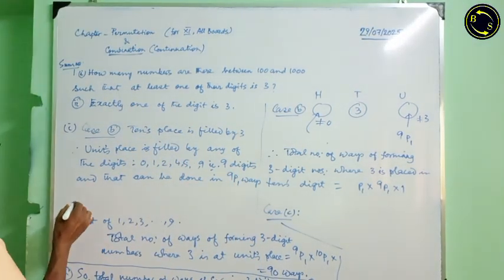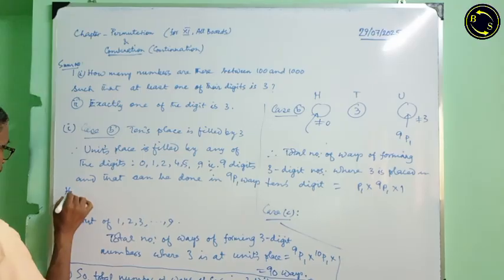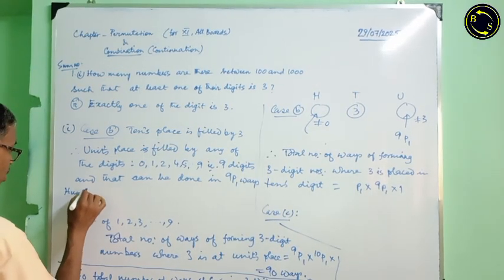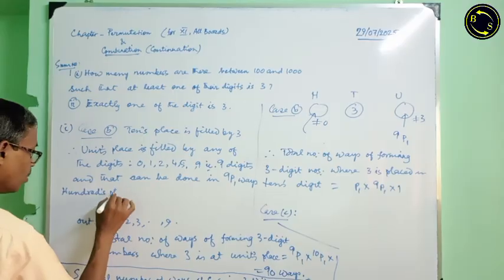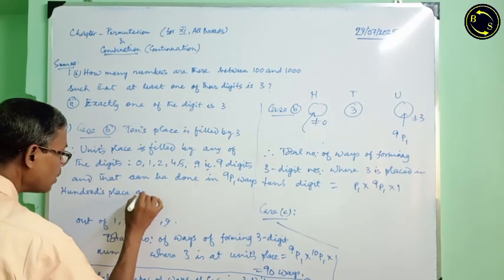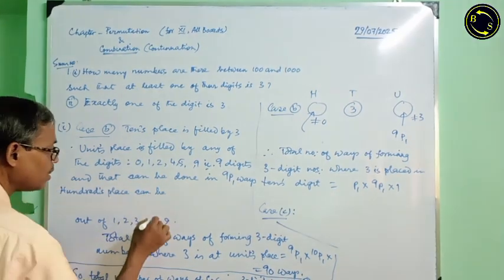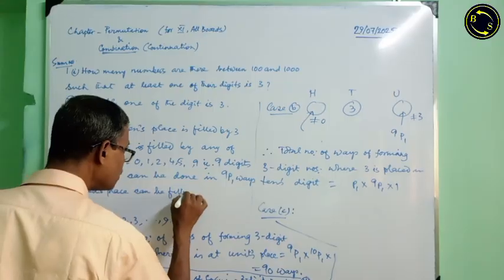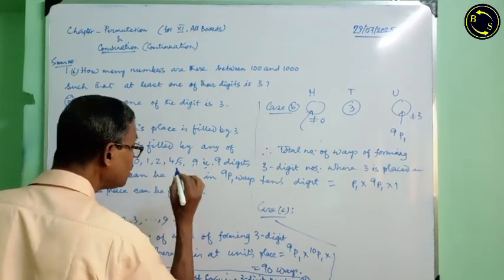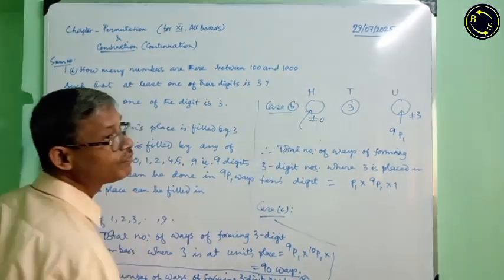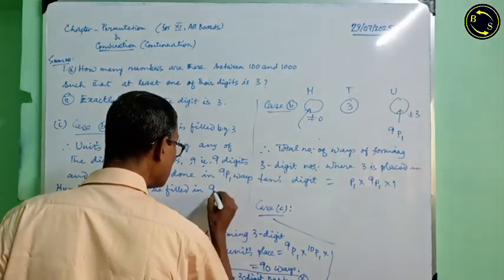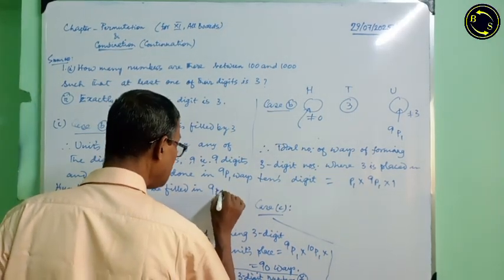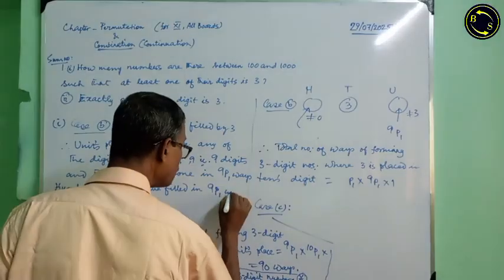Now, hundreds place can be filled in, except 0. 0 cannot be placed. Filled in 9p1 ways.